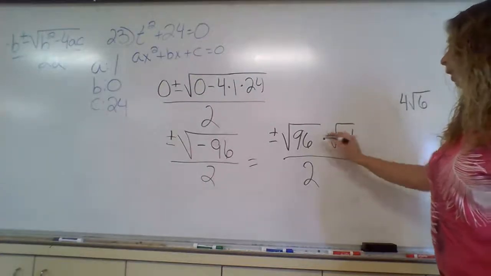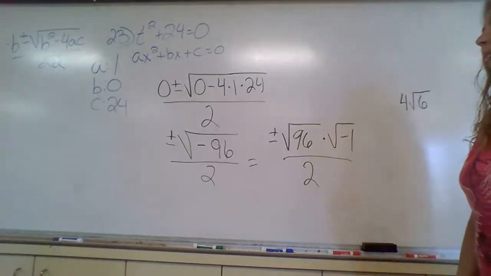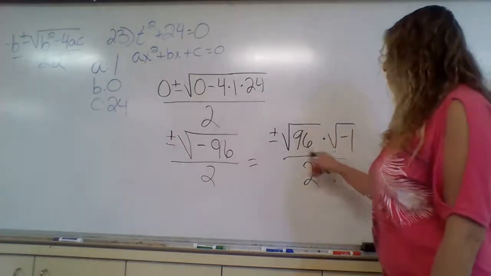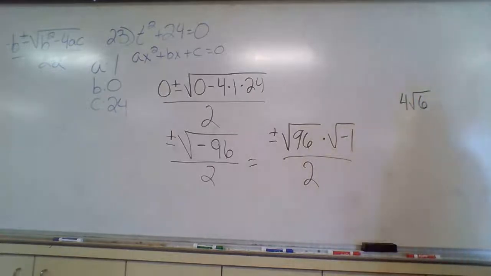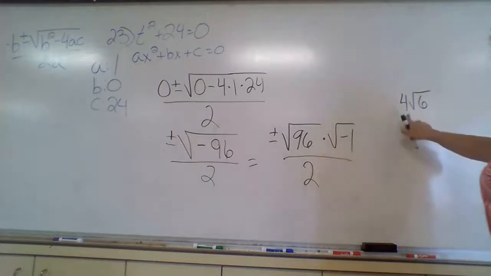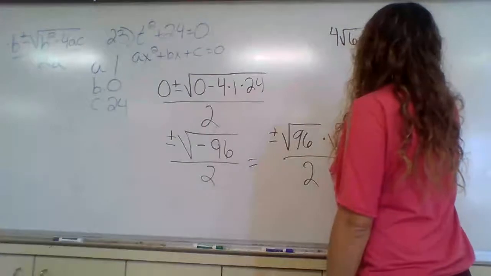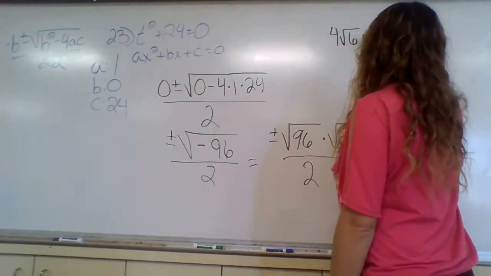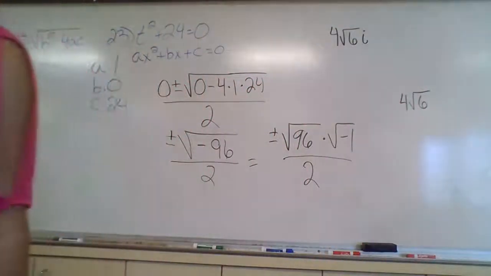If I multiply these together, I just get the square root of negative 96. So these are equal to each other. Now, we figured out that the square root of 96 is 4 square root of 6, and then that's times i. I wonder how they want you to write it, on the inside or on the outside.